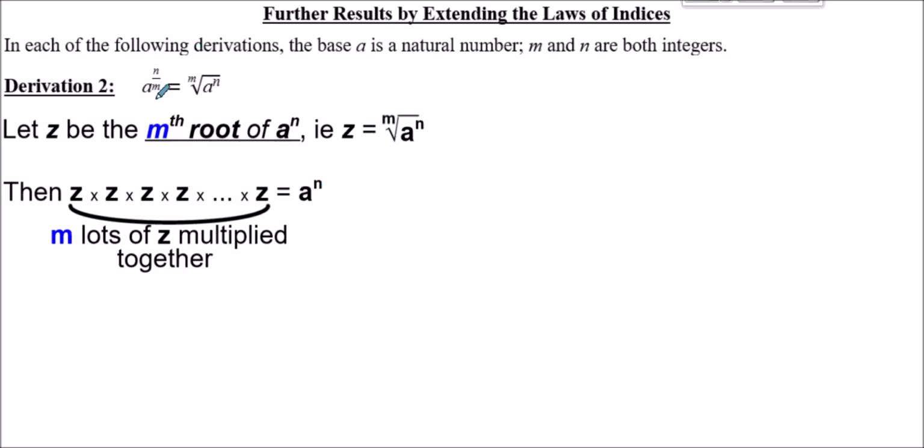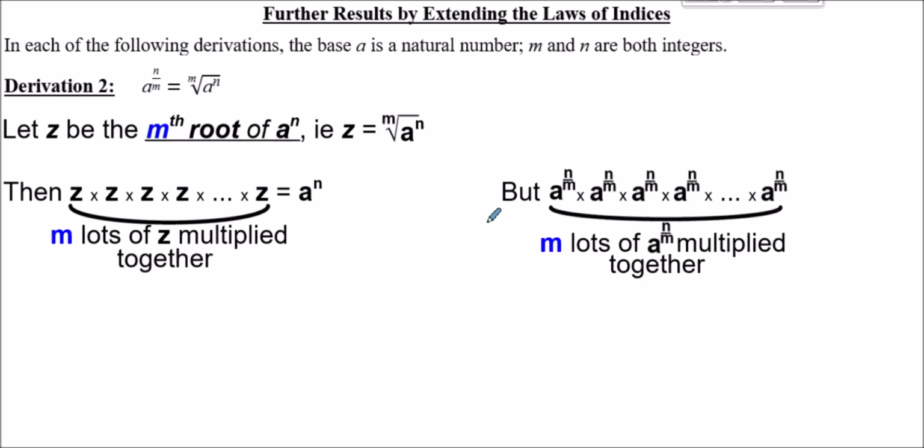However, what if we took a to the power n over m and multiplied that by itself m times? Well, what we'd have is this, a to the power n over m multiplied by itself m lots of it. But using the first law of indices, where we just add the powers together, n over m plus n over m, do that m lots, we'd have a new power of a of mn over m.